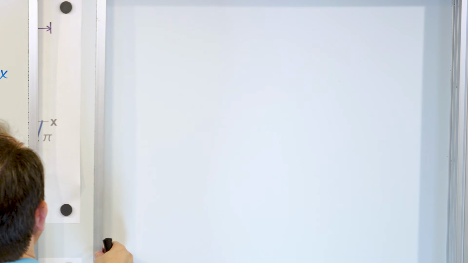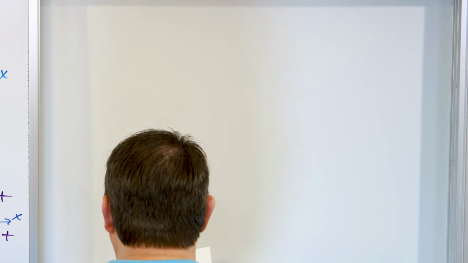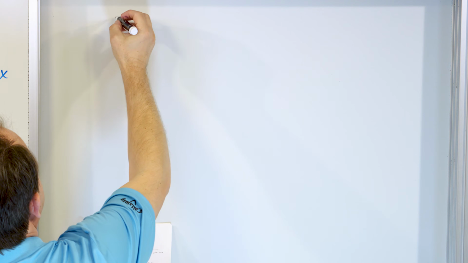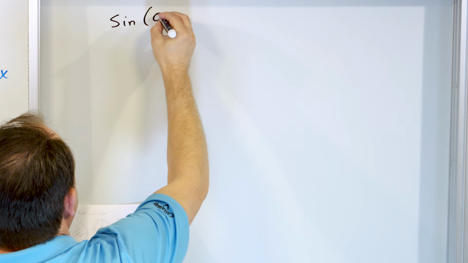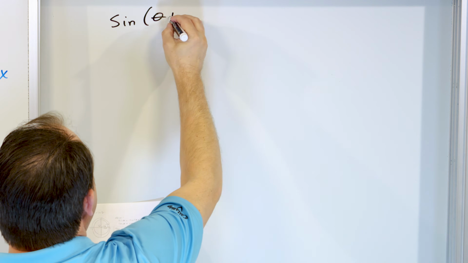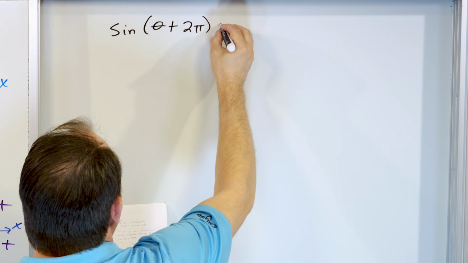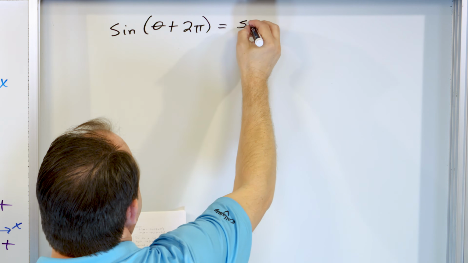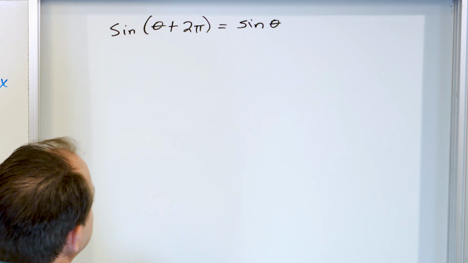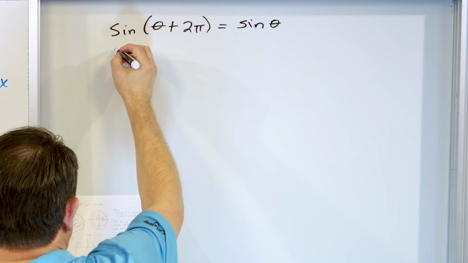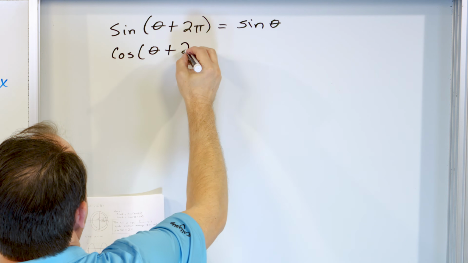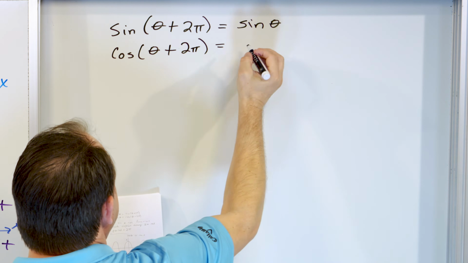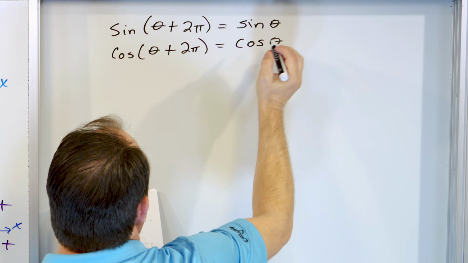So mathematically, when we say something has a period of 2 pi, what we can say is that if you put some angle theta into the sine function and add 2 pi to it, what you get back is exactly the same thing as the sine of the angle that you started with. And we can write the same thing for the cosine. The cosine of theta plus 2 pi gives us back the same thing that we get if we just take the cosine of the angle theta.